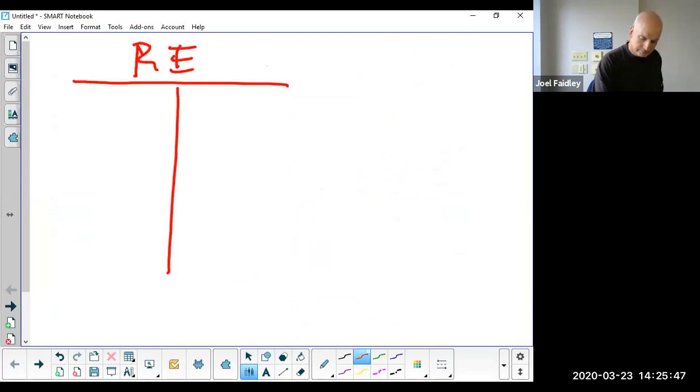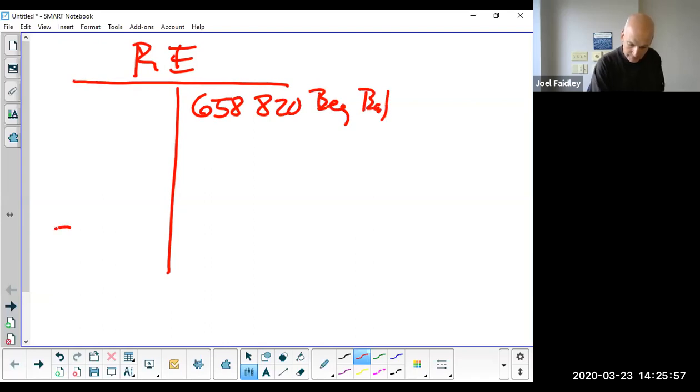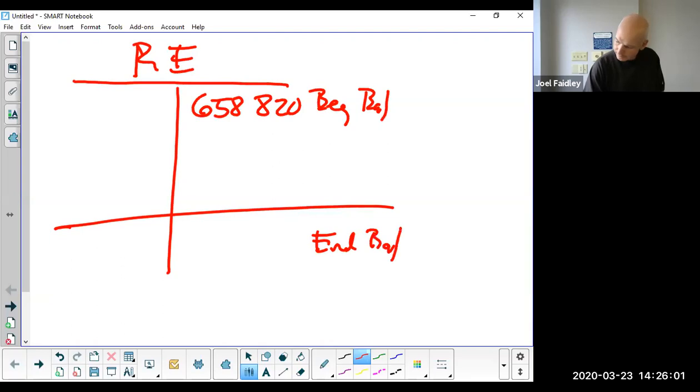Retained earnings started with 658,820. That's the beginning balance on my ledger, and the ending balance is 210,390. It doesn't mention anything about dividends, but reconciling retained earnings will tell you if there were any dividends that you would need to put on your statement of cash flows.